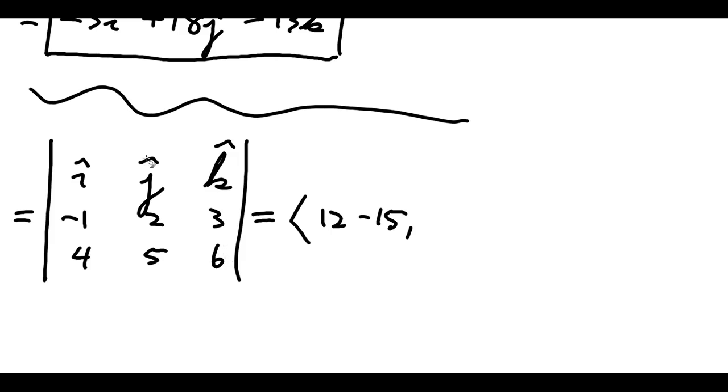What I'm doing here mentally is kind of a blend of the two, but I know that I can just take the 3 times 4, giving me the 12, minus negative 1 times 6 is negative 6, so that becomes plus 6. And then for the k, I see that we have this minor here, so I have negative 1 times 5, minus 4 times 2, so I have that, and then simplify.